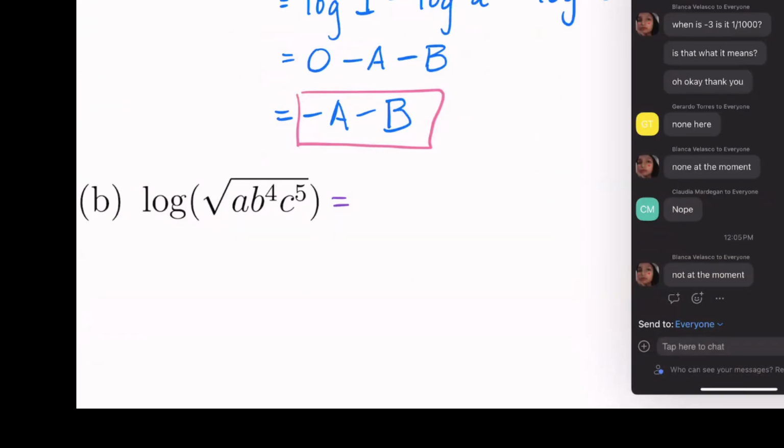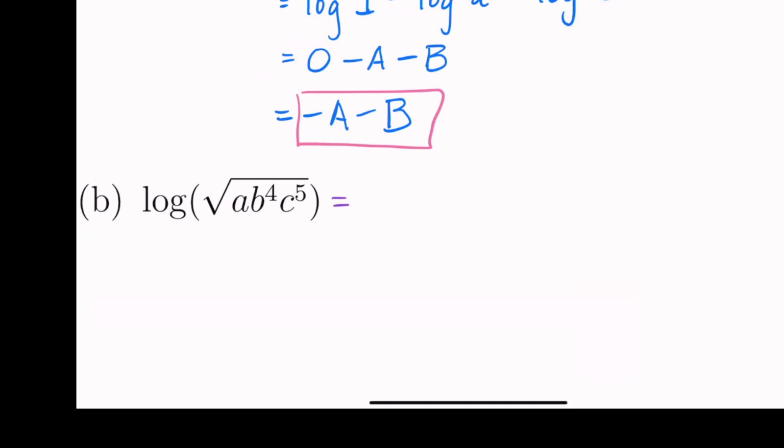All right, for part B, we need to deal with exponents. Remember that a square root is an exponent, so I'm going to handle that first. We get log of A times B to the 4th times C to the 5th, all to the 1/2 power.